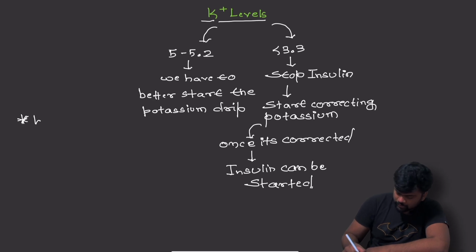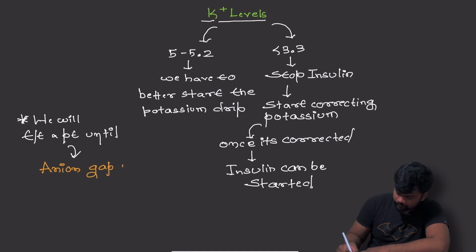Now remember a point that we will treat a patient until his or her anion gap is corrected, which is the high anion gap metabolic acidosis present in diabetic ketoacidosis.